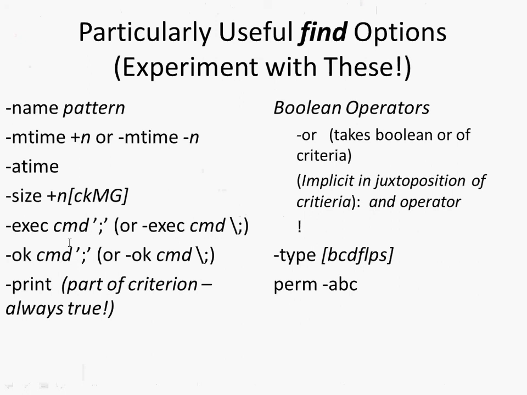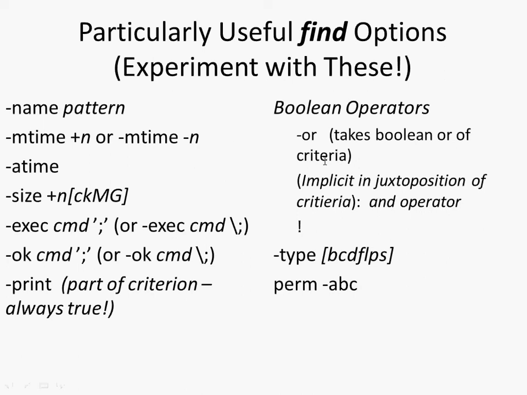You can actually take Boolean operators on these things. Again, the syntax is atrocious, but you can take an or for criteria rather than the and that's implicit by juxtaposing them. So far we've had minus mtime next to minus size, and so it has to match both to satisfy the criteria.